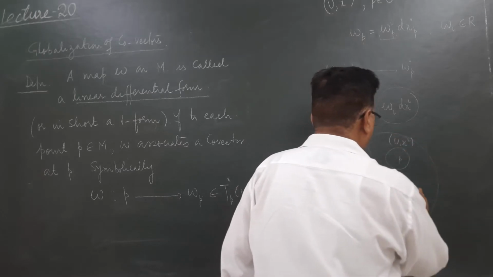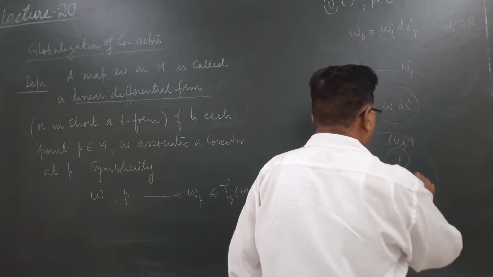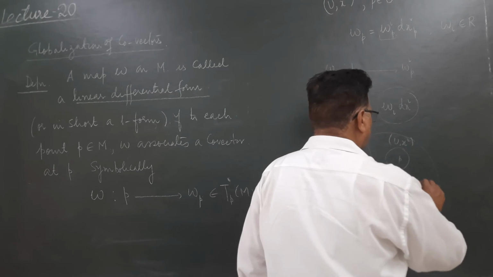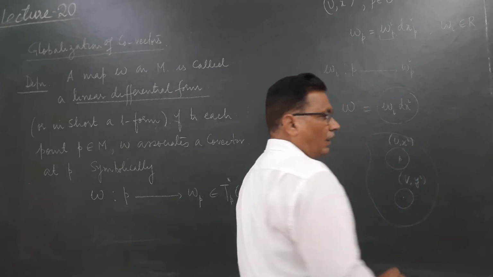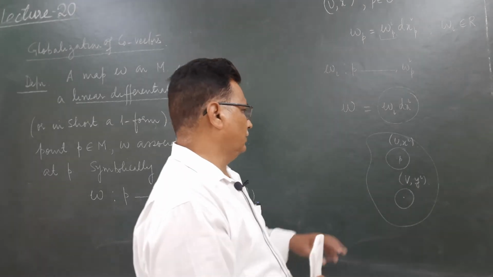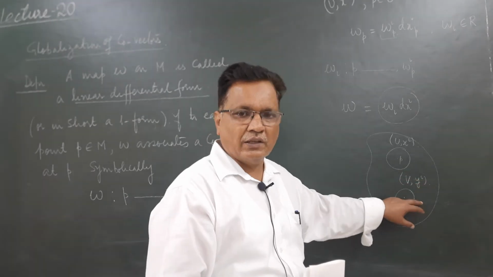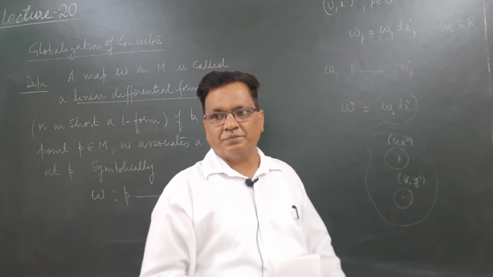At some other point you have another neighborhood v, and the coordinate systems are not xi's but are something like yi's. I want a one form which is defined over here as well as over here, over here, everywhere.